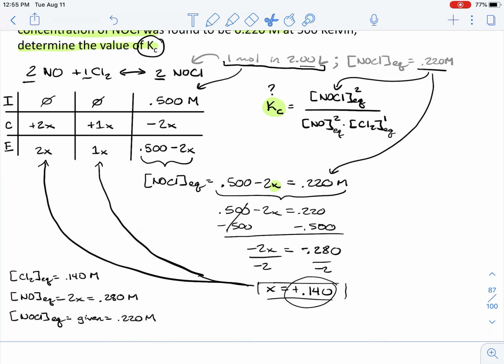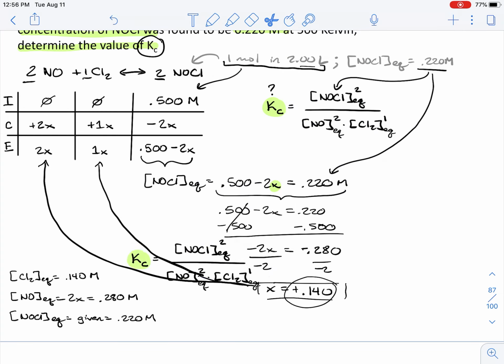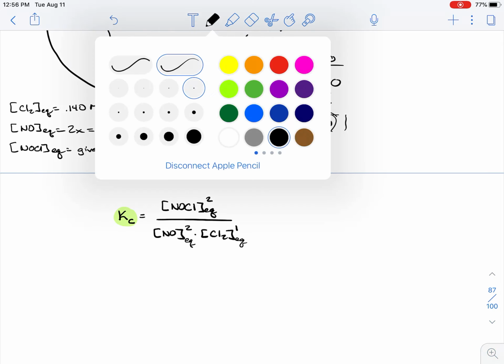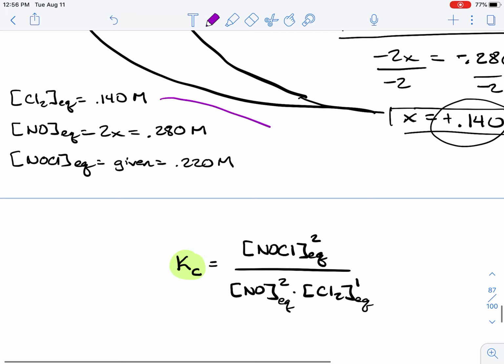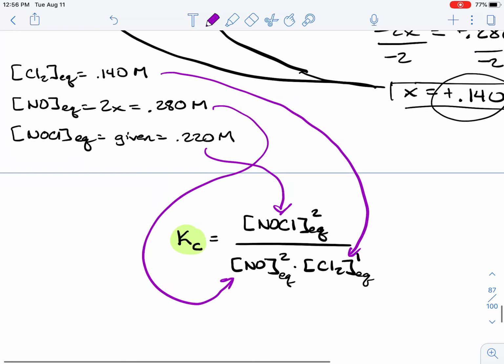And so I'm going to go ahead and just copy this real quick. I'm going to go ahead and put this at the bottom here. And so I'm going to draw some arrows. Okay, so the Cl2 goes there, the 0.28 goes here, and the NaCl goes here.